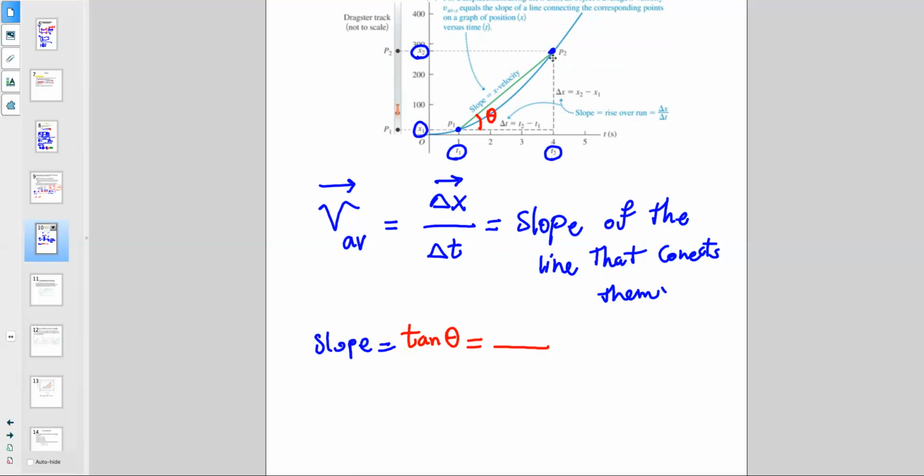The tangent is this line, this amount, which is delta x over delta t. Rise over run. What is this? Oh yeah, we have seen it before. Where do we see it? Right here. It is V average.